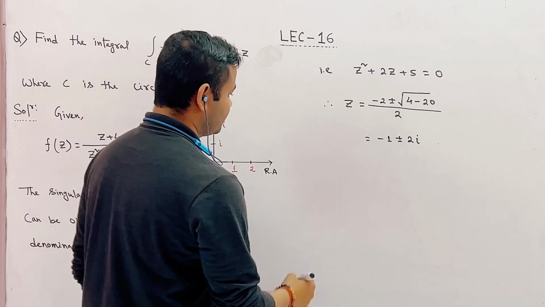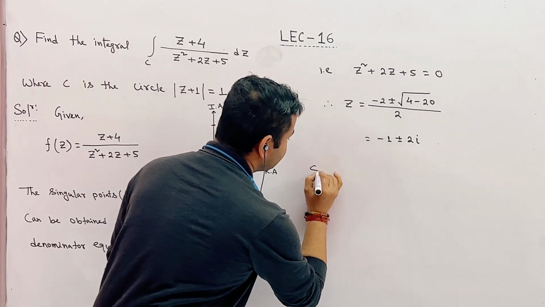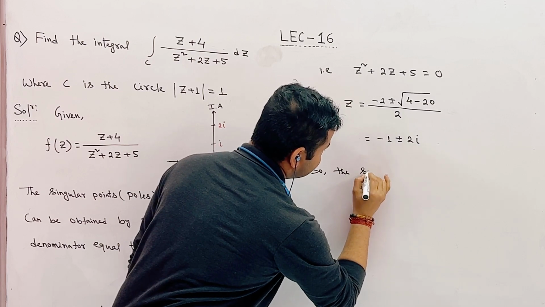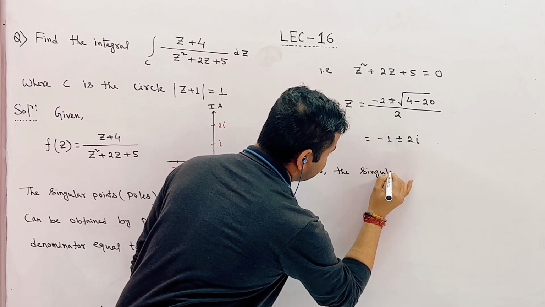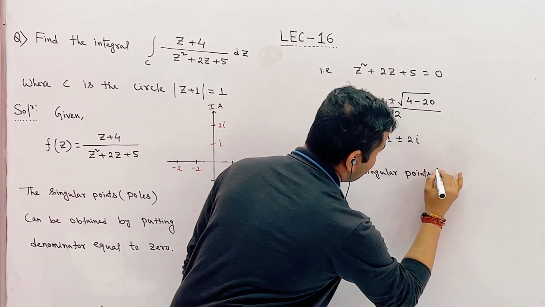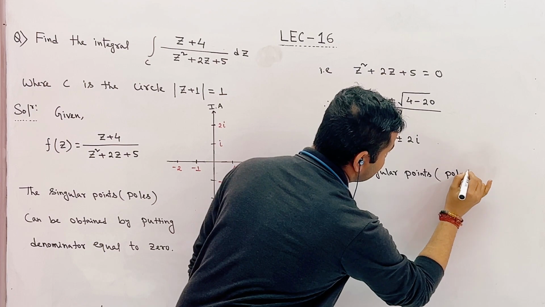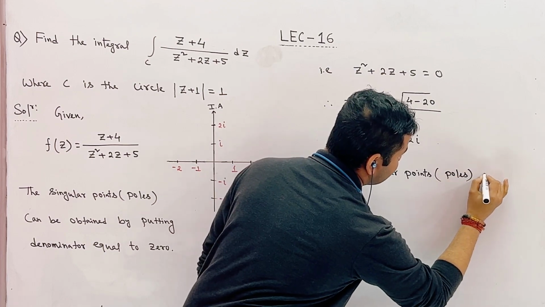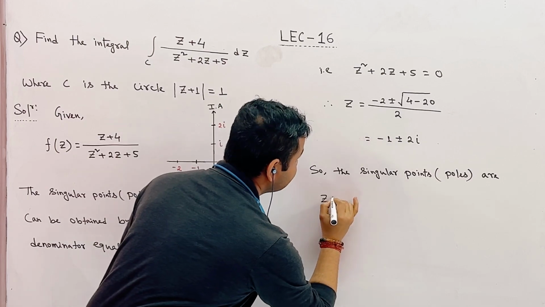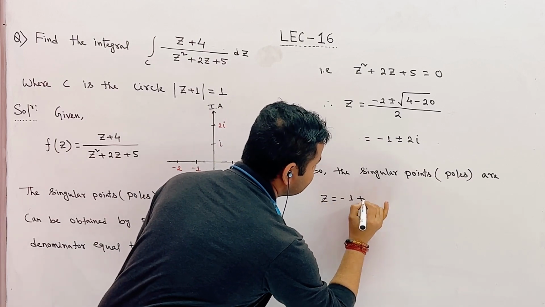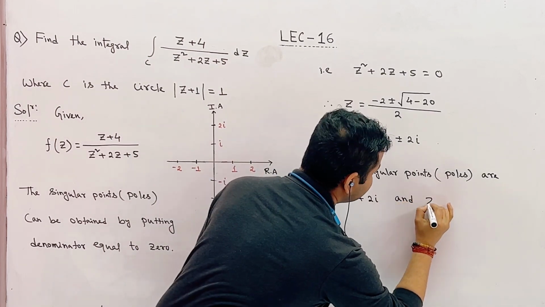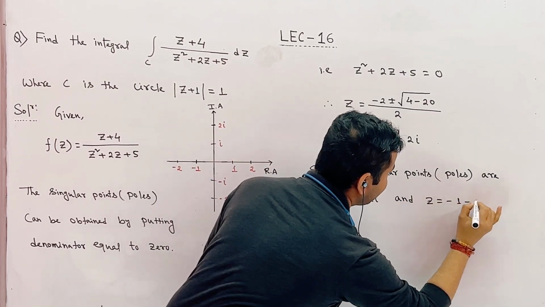So, the singular points or poles are z equal to -1 plus twice iota and z equal to -1 minus twice iota.